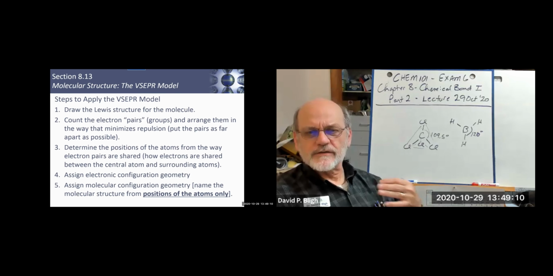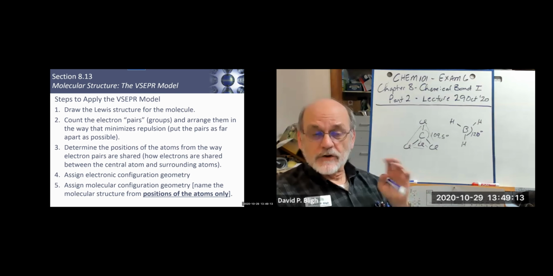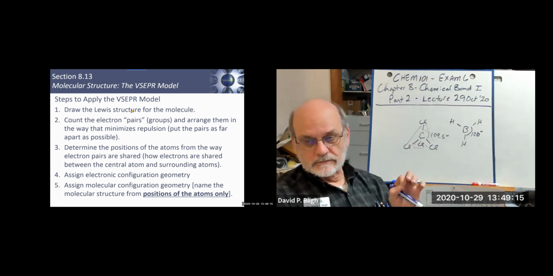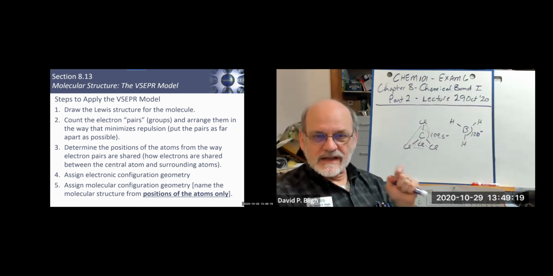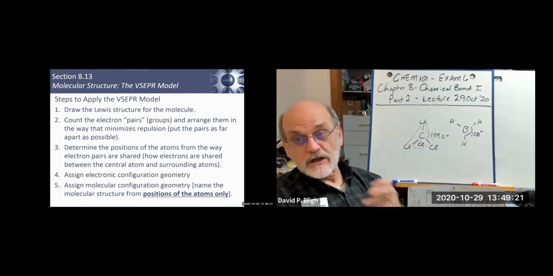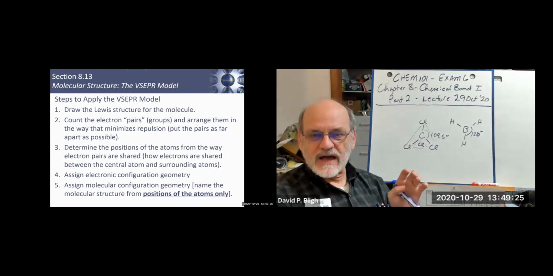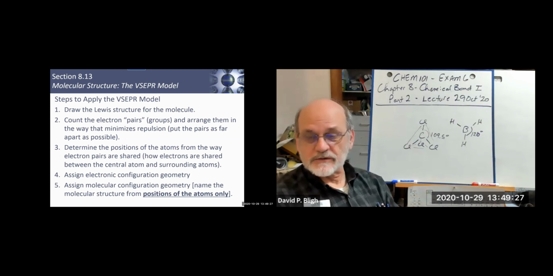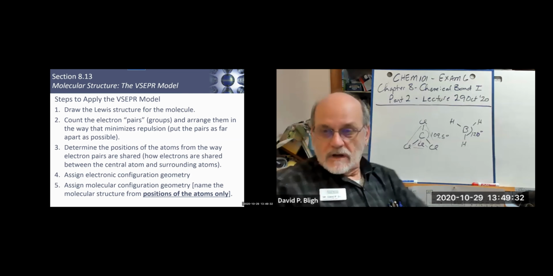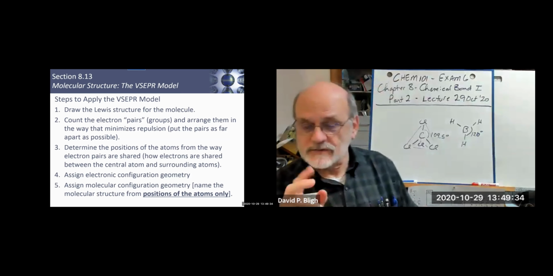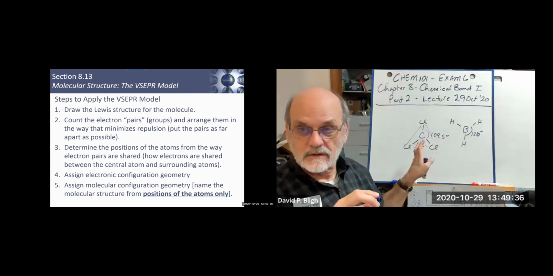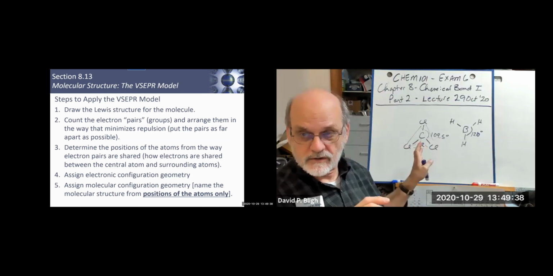So, how do you use the VSEPR model? First, you have to draw the Lewis dot structure. So you've got to get good at that. Then you count the electron pairs, actually groups, and arrange them in a way that minimizes repulsion. Put them as far apart from one another as possible. Now, remember, there can be 2 types of electrons around the central atom, the bonding pairs and the lone pairs.